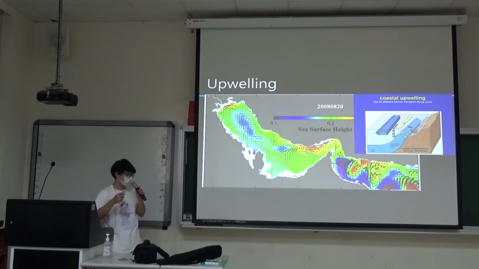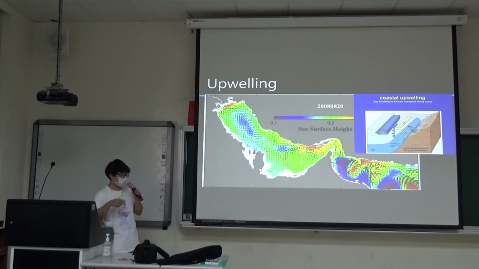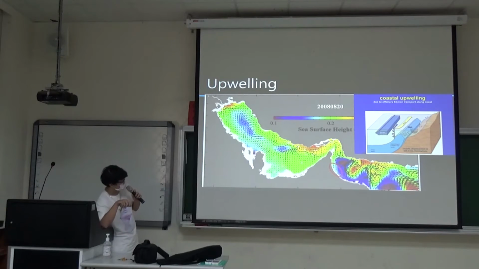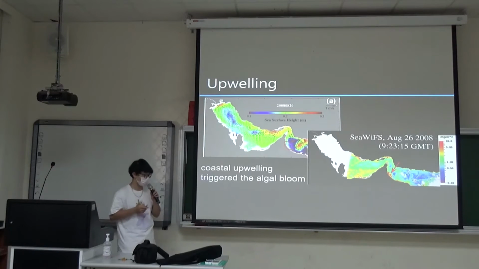So it forces a coastal upwelling and brings up the nutrient-rich water from the bottom to the surface. You can see the water flowing offshore. So we found that coastal upwelling triggered the algal bloom. You can see the time and the water, high concentration of algal bloom.